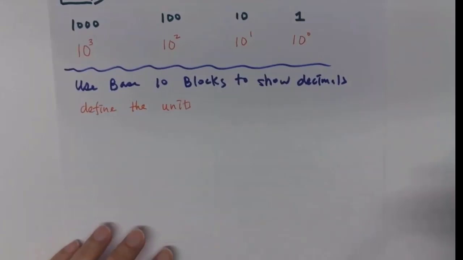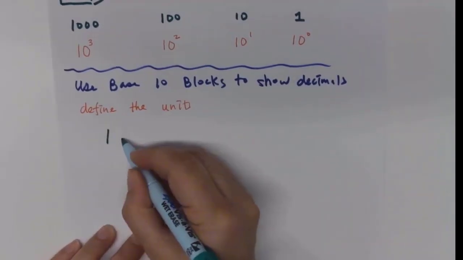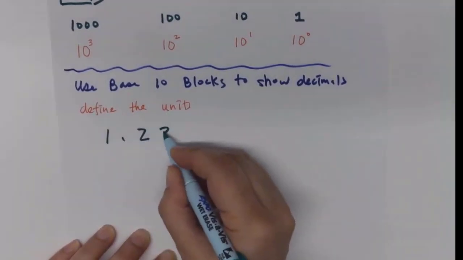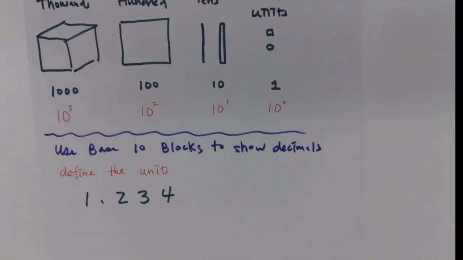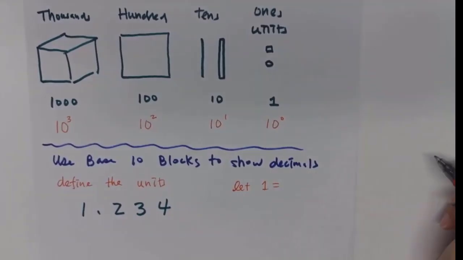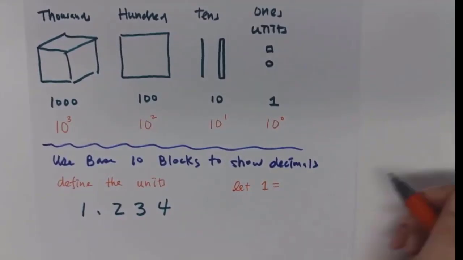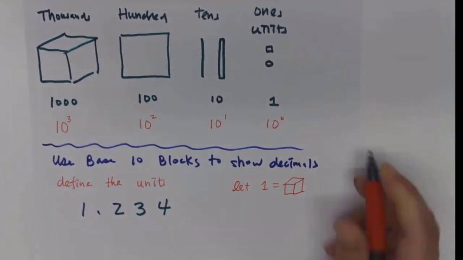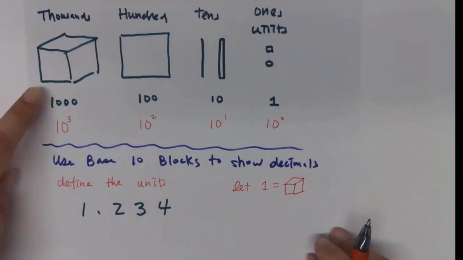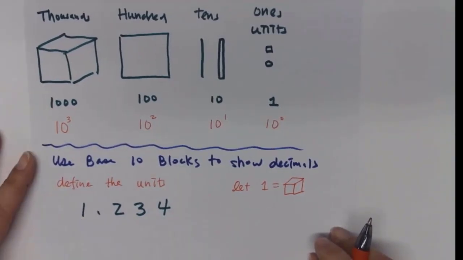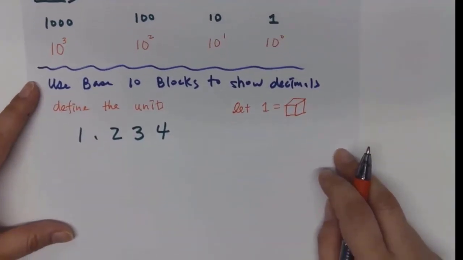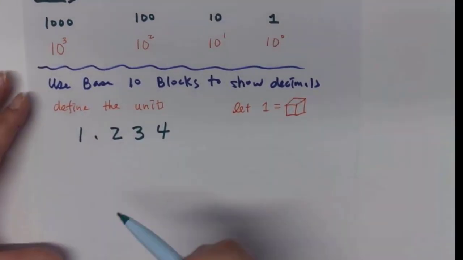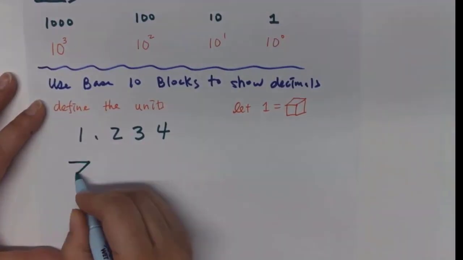So if we are trying to show 1.234, then we need to let 1 equal to the cube. We don't have a lot of choices here because we only have 4 here, right? So this is the biggest unit. So if I'm showing 1.234, then I will draw 1 cube to represent 1 whole.